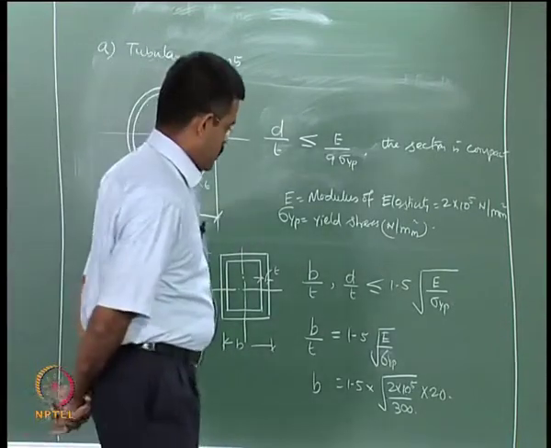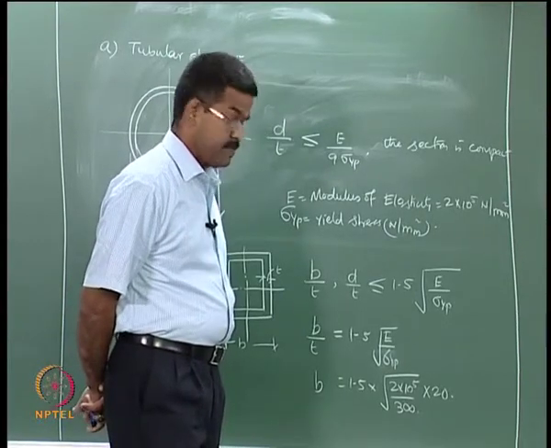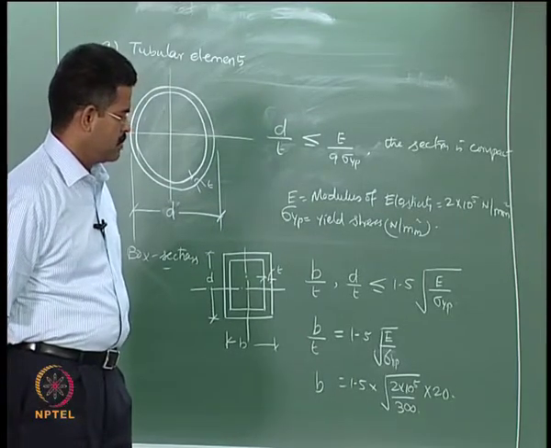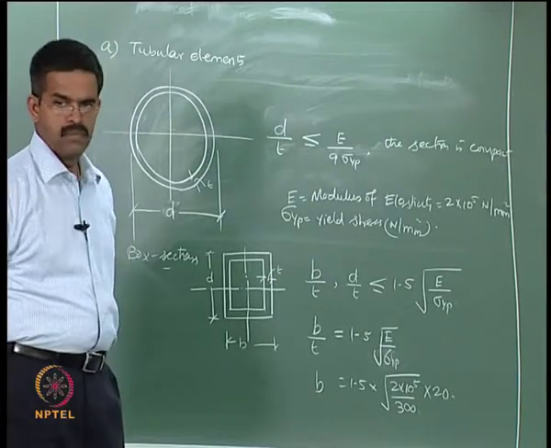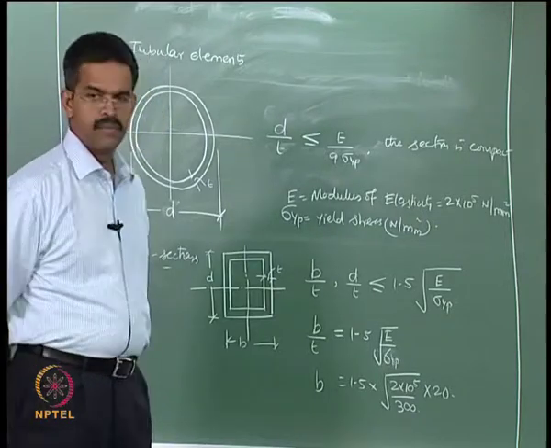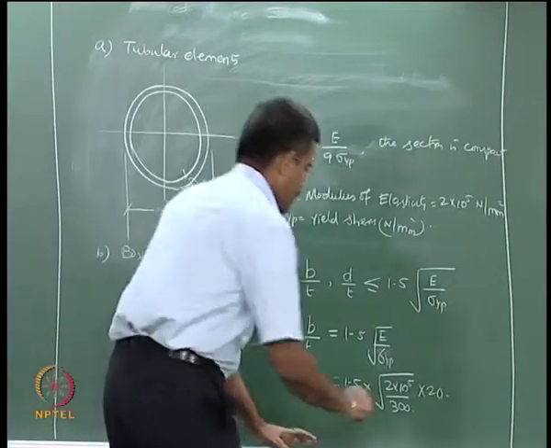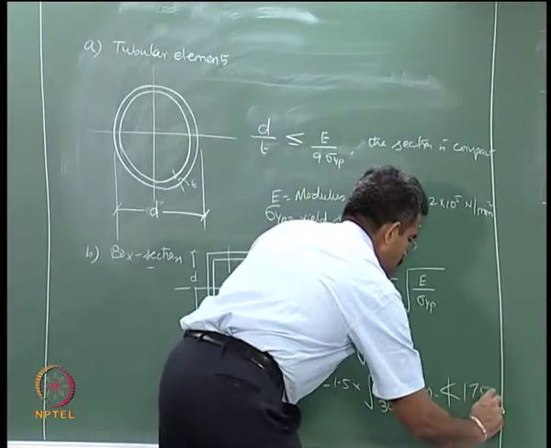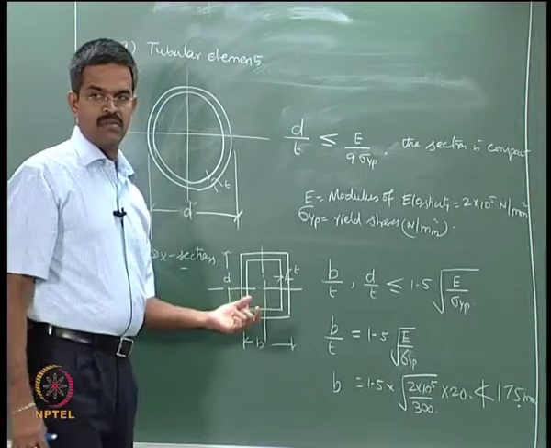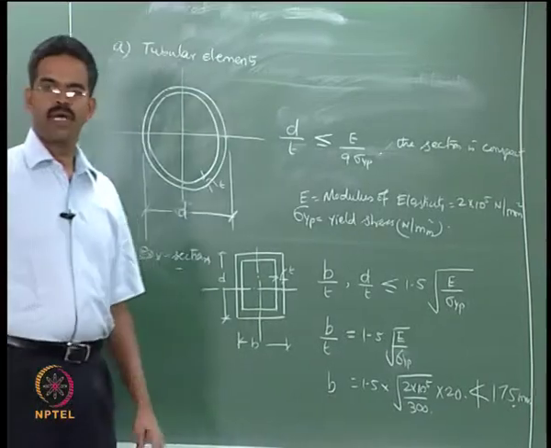What is the approximate value of this? Let us say B cannot be less than 175 millimeters. Approximately you can say that the size of a box section of 20 mm thickness should start from 200 mm. Okay, that is an idea.